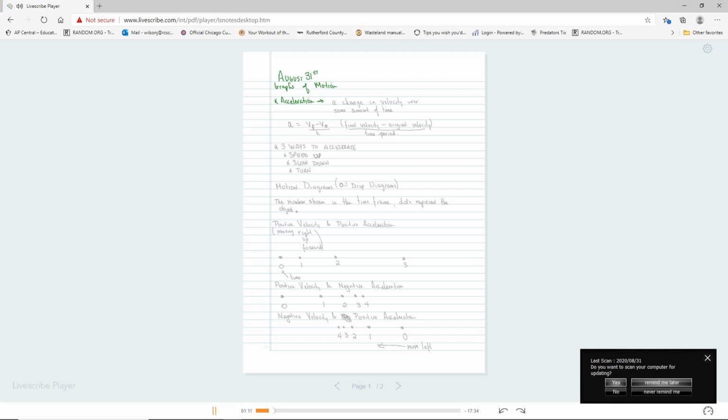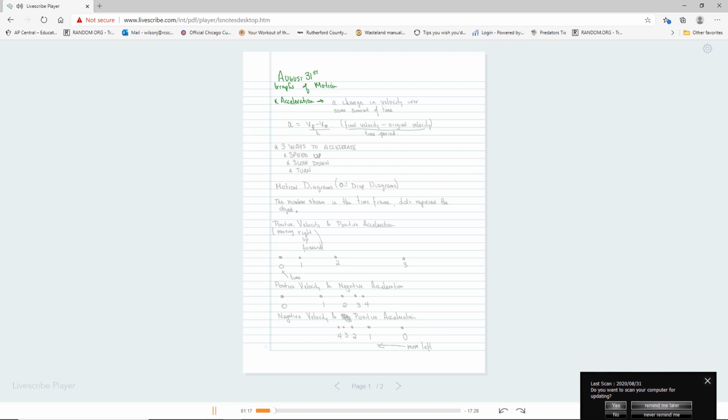Probably not in English usage. Out there, not in my physics classroom, you probably only use acceleration for speeding up, for making yourself go faster somehow. But in physics, acceleration is any change in speed, and in fact, change in velocity.